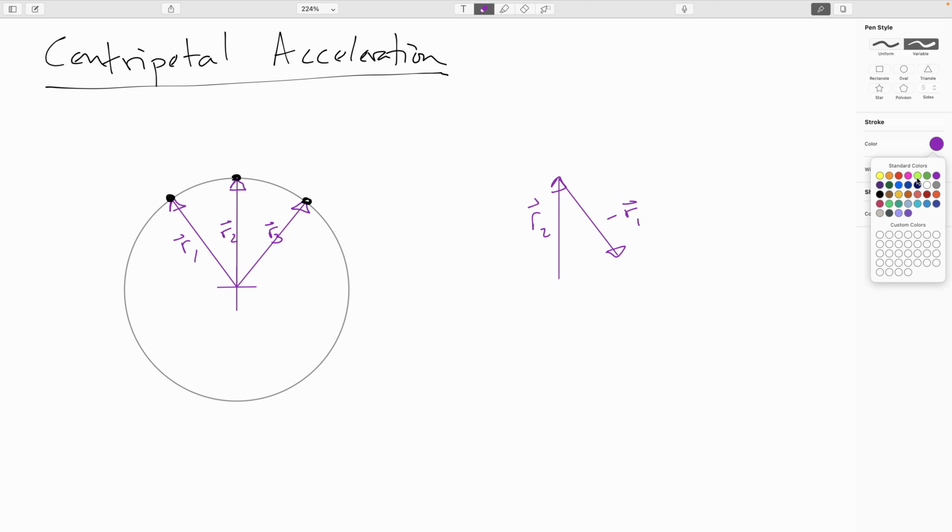And so I use the tail to head rule, that the change in position over this first time interval, so I'll call that delta R1, points like so. If I parallel transport that back here, no big surprise, that's just taking it from here to here because, hey, that's the displacement.